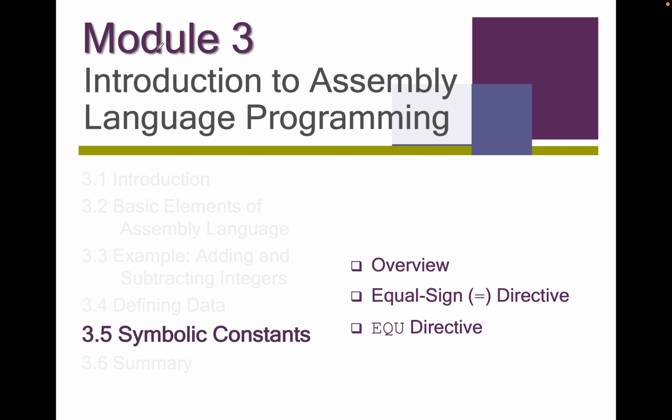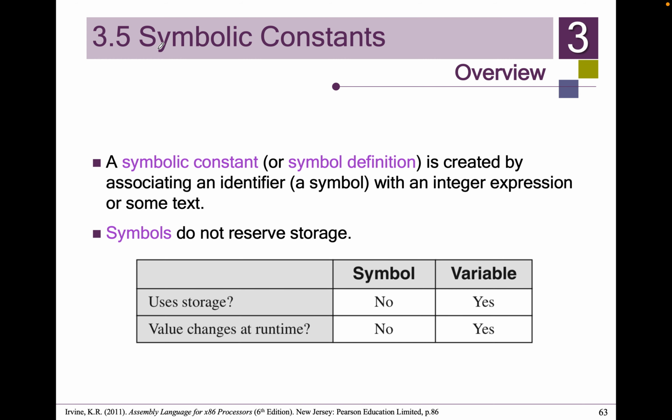That is on defining data. Now we're going to move to symbolic constants, a very short one only. You can see you have a symbolic constant or symbol definition, which is created by associating an identifier, or a symbol, with an integer expression or some text. Symbols do not reserve storage. This is the keyword that is very important for you to know.